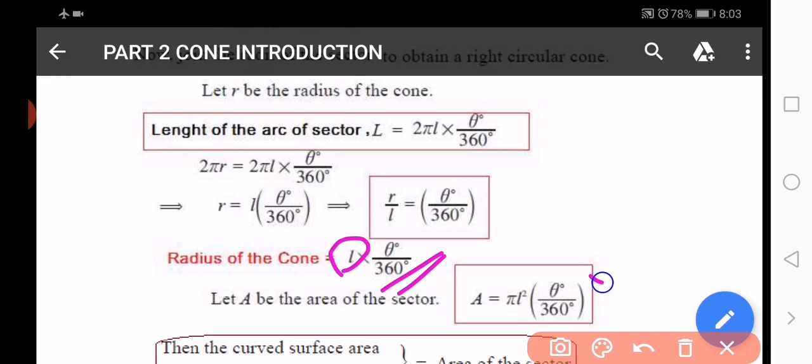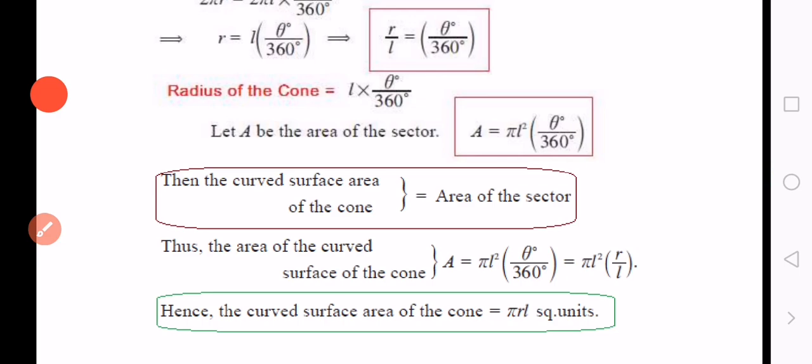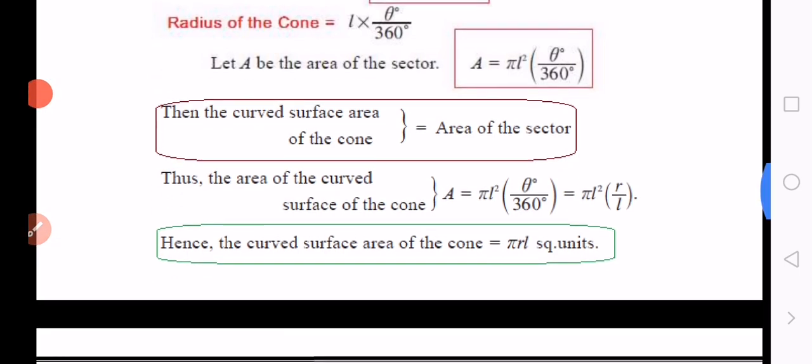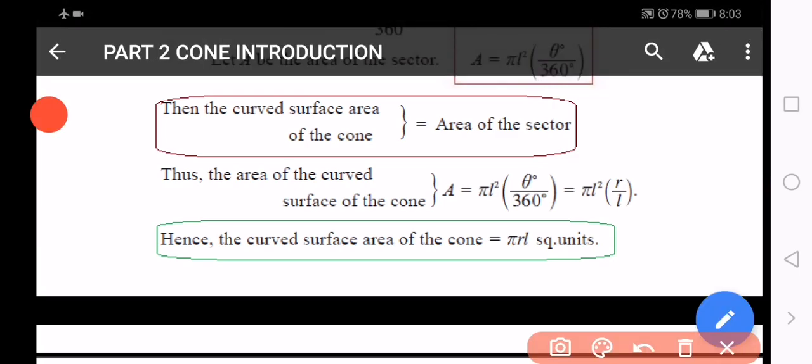And the area of the sector formula is A equal to pi r squared into theta by 360 degree. Here, L instead of r. Therefore, curved surface area of the cone equals area of the sector. Then we simplify. Hence, the curved surface area of the cone equals pi r L square units.